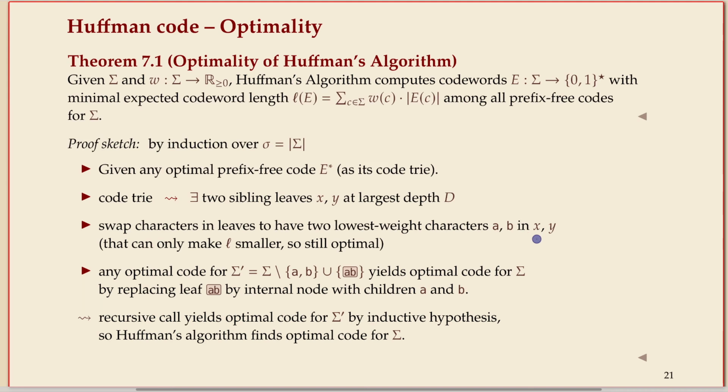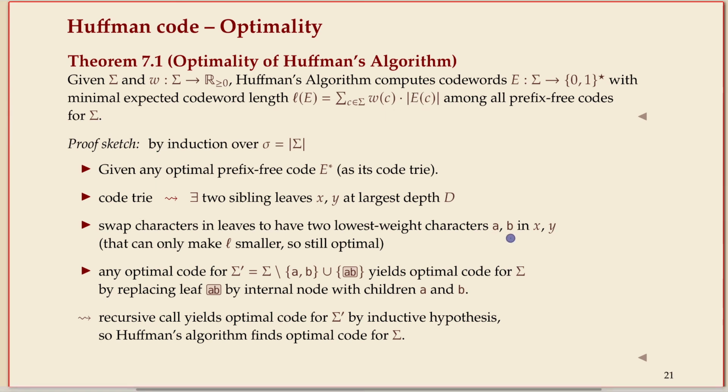But if I swap these down, if you look at the sum up here, we make the encoding for A and B potentially a bit longer. But whatever was in x and y before, we make the code word potentially smaller because we move it up in the tree. And this net change is: moving something up releases weight, and moving something down costs us weight.